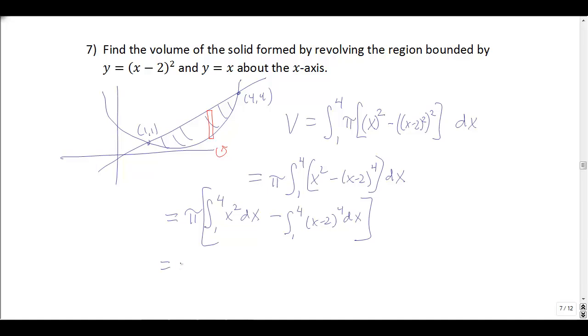So I get pi times x cubed over 3, evaluated from 1 to 4, minus, now with u equals x minus 2, du equals dx, the integral of just u to the 4th du. I replace x minus 2 with u, but I have to change my bounds. When x is 1, 1 minus 2 is negative 1 for u. When x is 4, 4 minus 2 is 2, so u is 2.